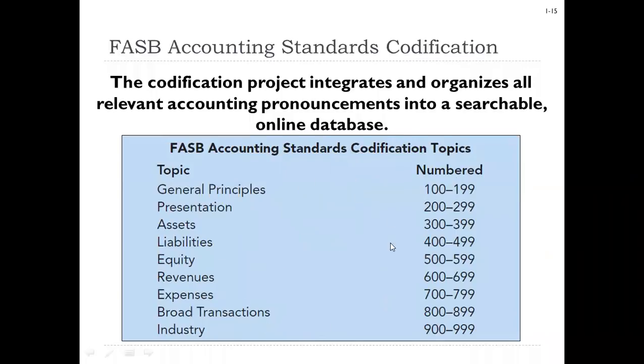Now it's in a central location called the codification, where all the official rules of accounting are. Prior to this codification, which was not that long ago, probably 10 years ago, to find the rules of accounting, you had to look all over the place. Now it's all in one place, and you'll get practice in using that codification in this course.